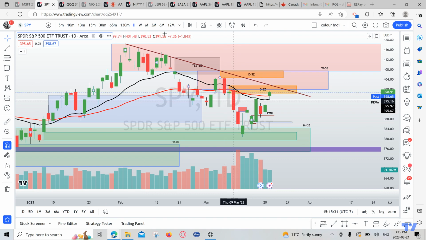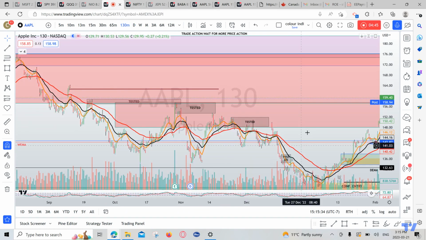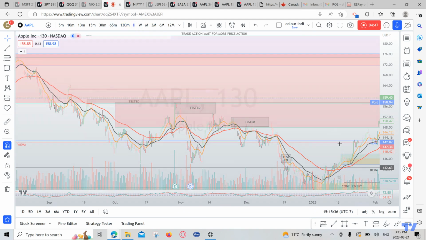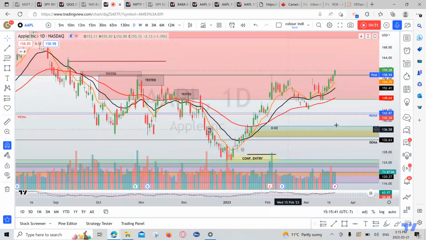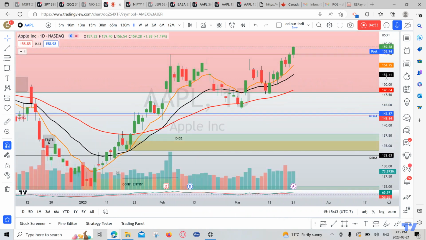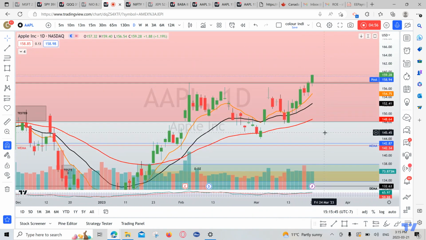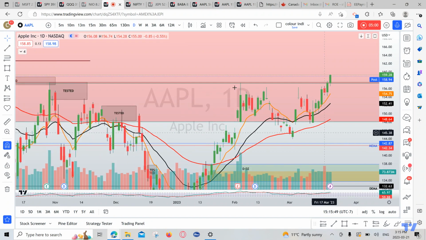These levels are good. I'm going to jump back onto Apple and go to daily here. Momentum is good, it looks nice, but honestly, Apple is still tradable on the short side, not on the long side.